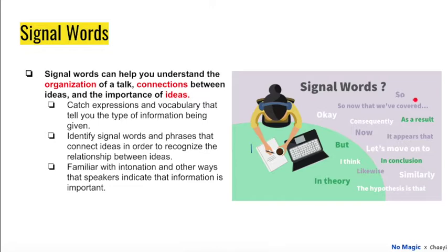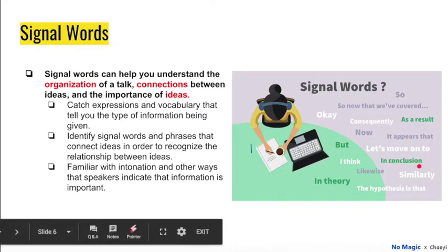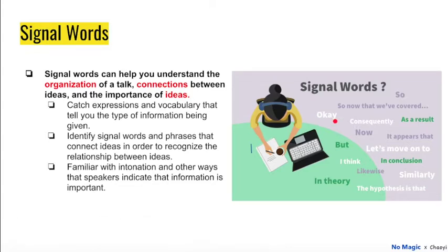Usually a conclusion will be given after the speaker mentions "so," "as a result," "consequently," or "in conclusion." And there are some other signal words like "okay." That means the speaker is going to end the previous conversation and start something new, so new information might be given.